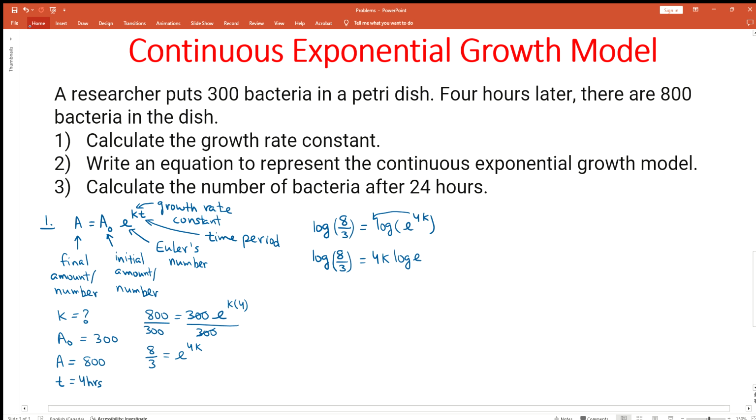Next, we can divide both sides by log E. The log E on the right side gets cancelled out.